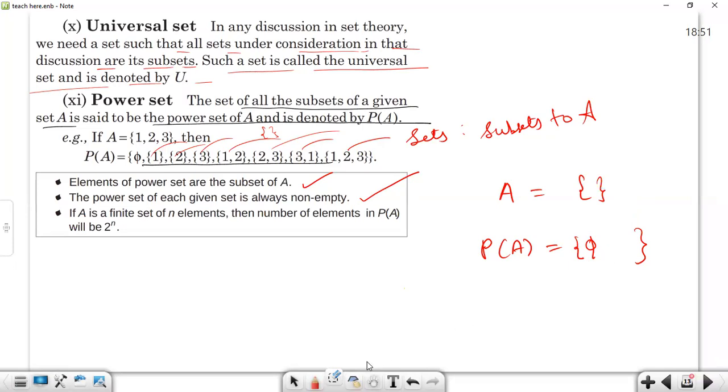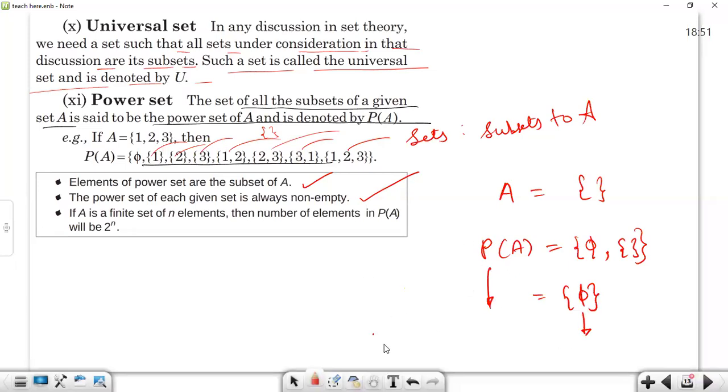So there is only one subset of this: phi only. Because the empty set is always a subset of any given set according to our property, and the set itself is also a subset, phi is written here, so no use of writing it twice. That's why this will have only one element.